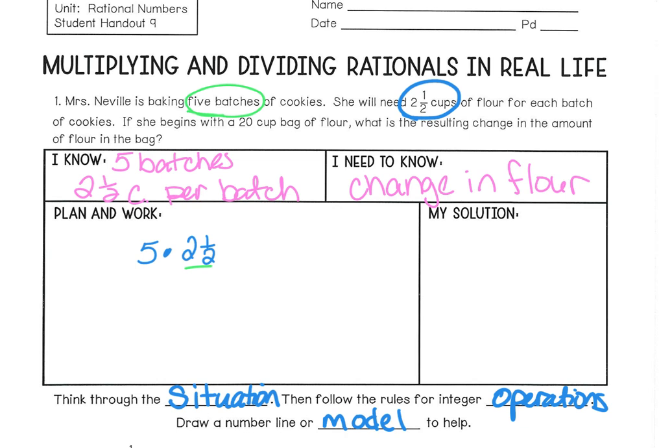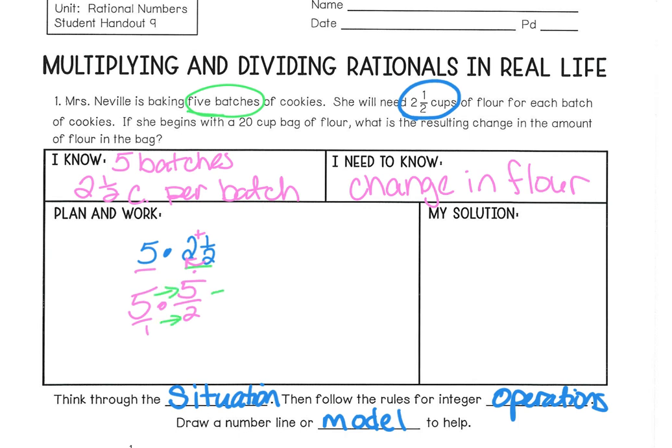You can change it to a decimal also. This one would be pretty easy to do that. So we're going to go 2 times 2 is 4 plus 1 is 5. So this becomes 5 halves, and we multiply, we're just bringing this down, by 5. And it's technically 5 over 1, so that you can multiply straight across.